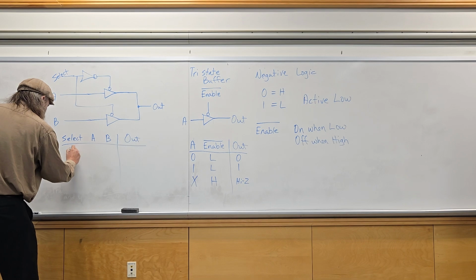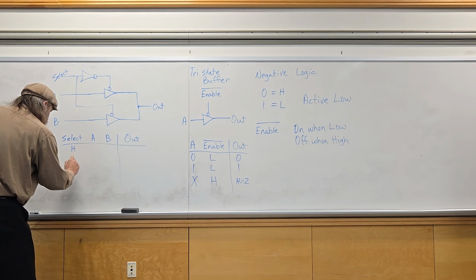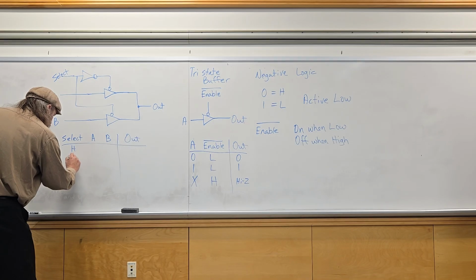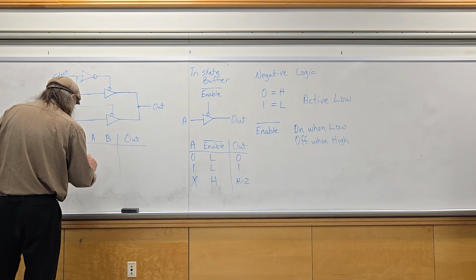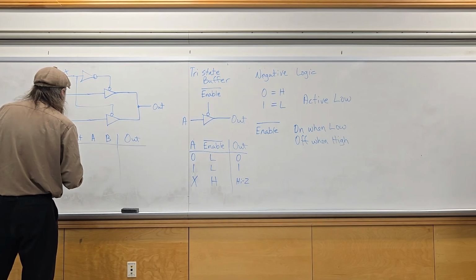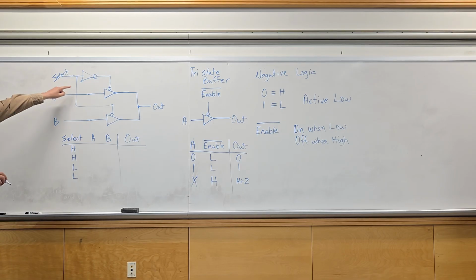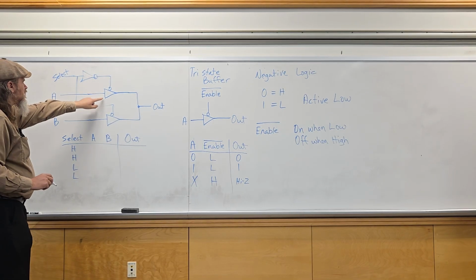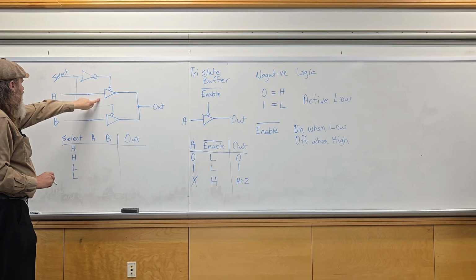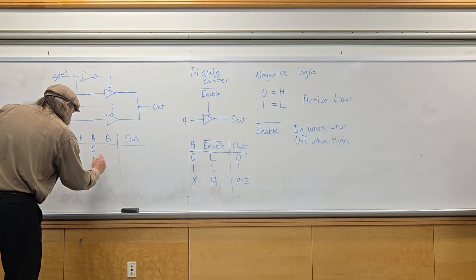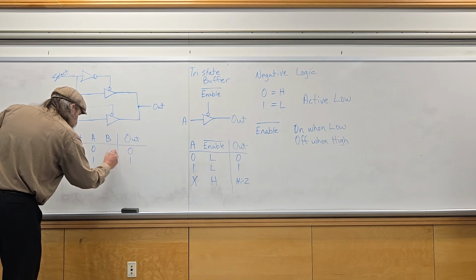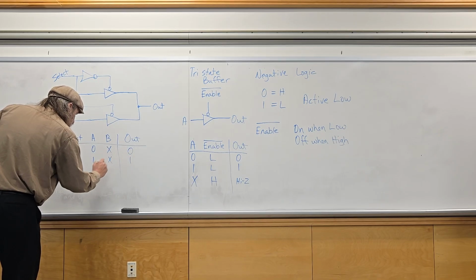If select is high, that would make A active, so 0, 1, 0, 1, and it doesn't matter what B is.